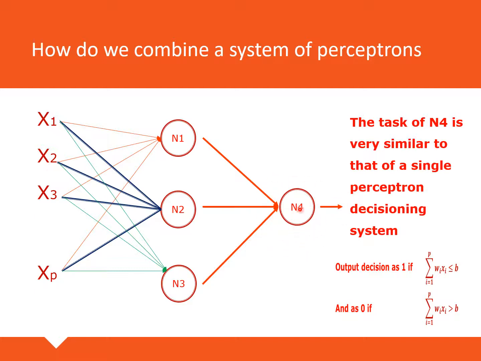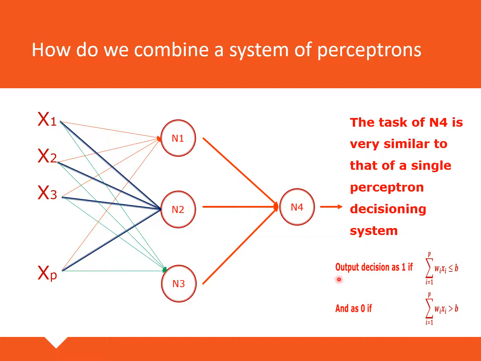And what this perceptron will do is fetch the decisions from the previous three perceptrons and combine them to arrive at a unified decision. So each of these perceptrons was receiving information from the input features and doing some decision making, and now N1, N2, N3 are passing on their individual decisions to N4, and N4 is then again combining them.